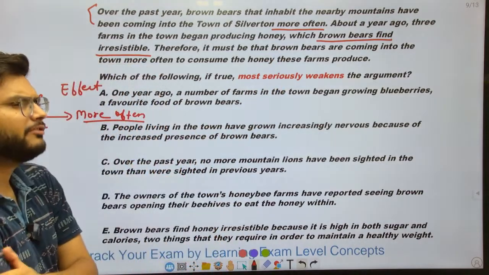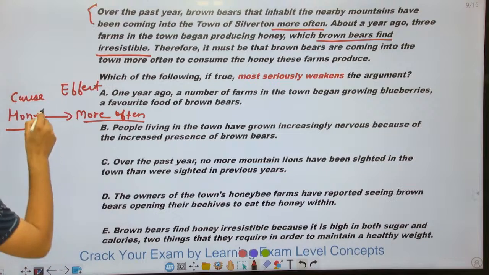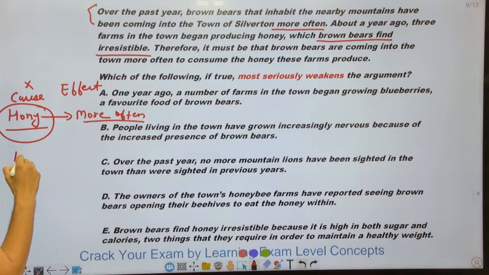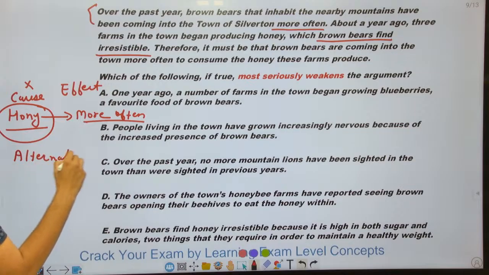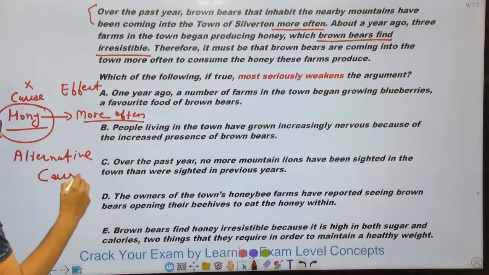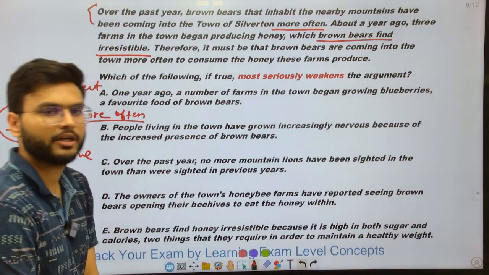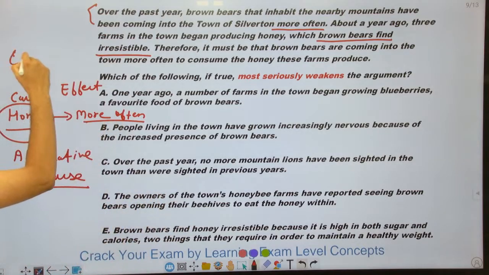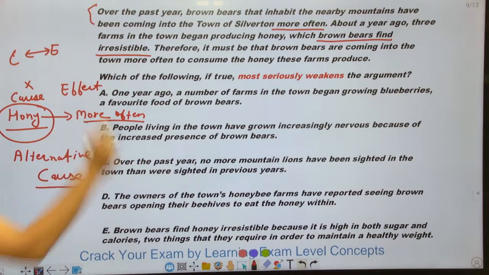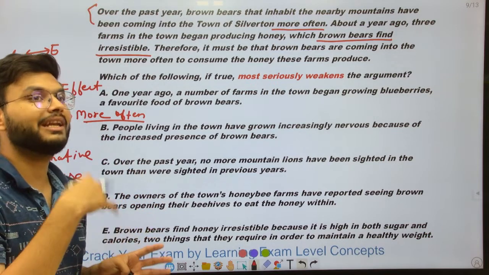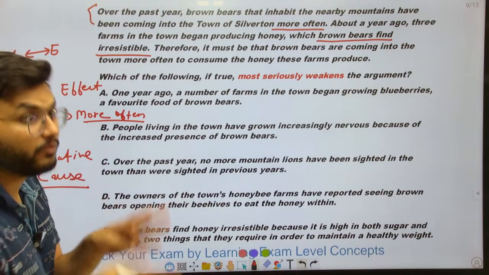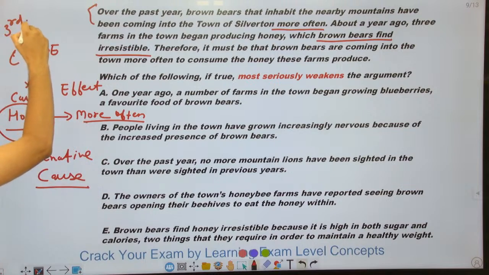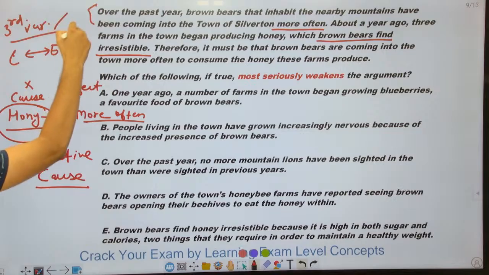Weaken means something which gives me a reason to believe that whatever you are assuming is the cause, in reality might not be the cause. There might be an alternative cause. If there is an alternative cause, it weakens the argument. Or I can weaken the same argument structure by reversing the cause and effect relationship. It means what I assumed was the cause was in reality the effect, and what was the effect was the cause. Or there might be some third variable which causes your cause and effect.